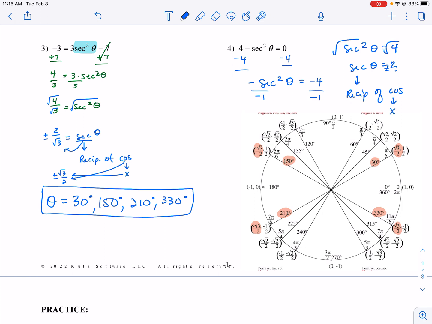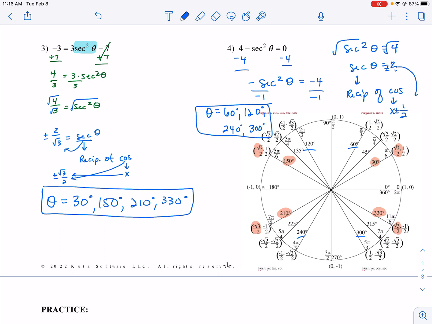So if this is the reciprocal, if I flip it back over, I'll know what the original was. The reciprocal of 2 is 1/2. So I'm looking for where x is equal to 1/2, which is on the 60s, I believe. So your answer here would be 60, 120, 240, and 300. Okay?